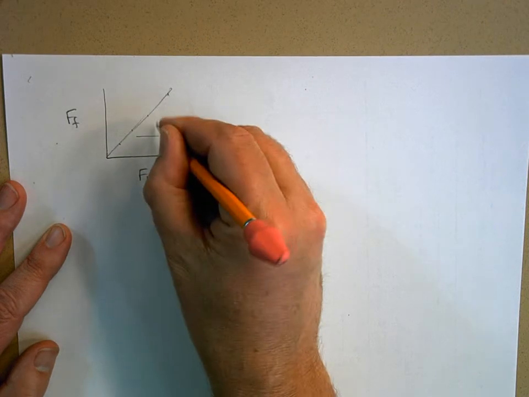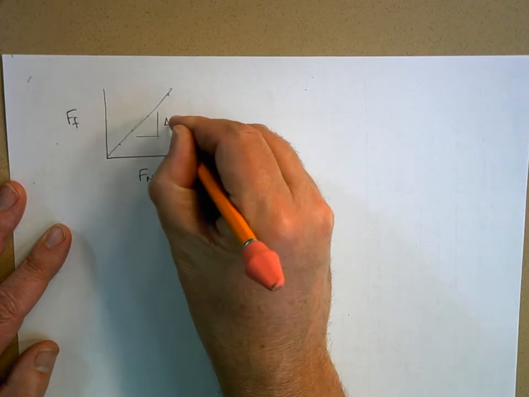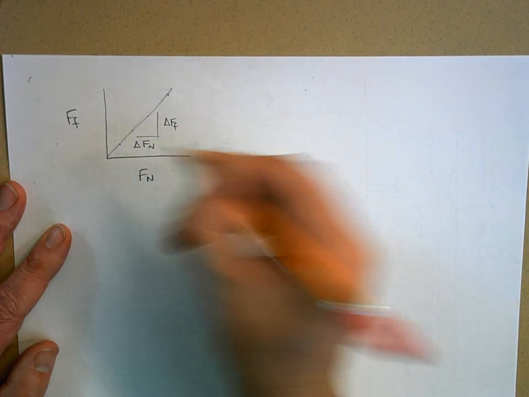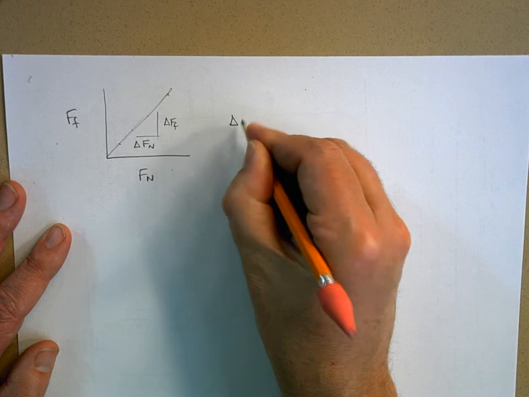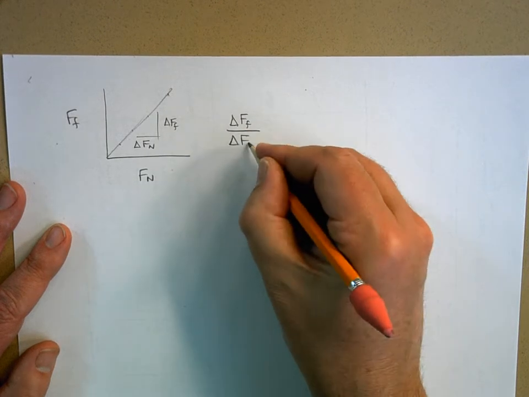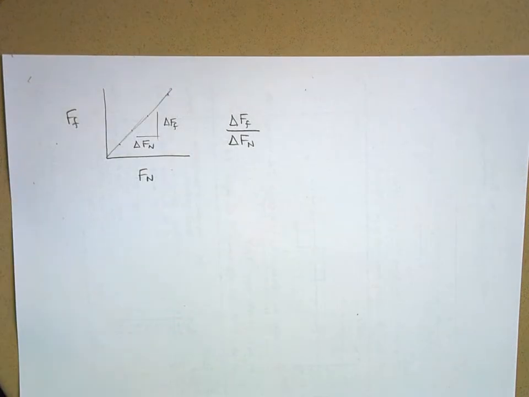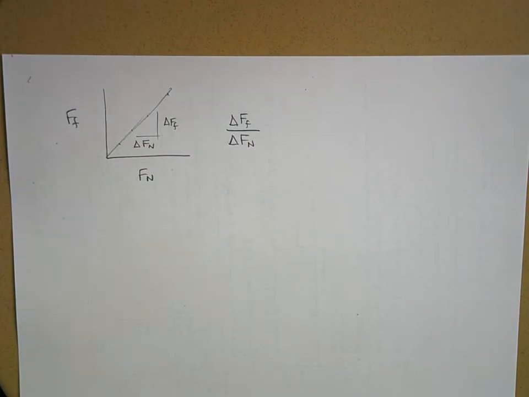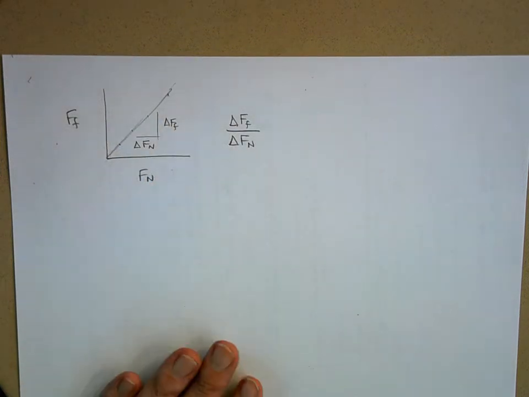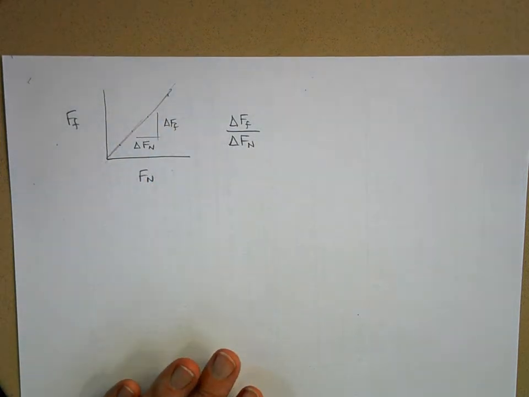Now the slope of this is how much friction changes for every quantity of normal force changing. We have a name for this ratio. It's what fraction friction is going to be of the normal force. And as you saw, it works pretty good. I mean, this is a pretty straight line. I saw some of your graphs, they were perfectly straight.